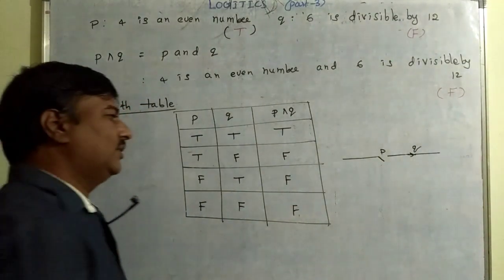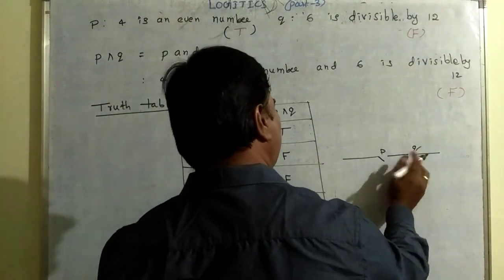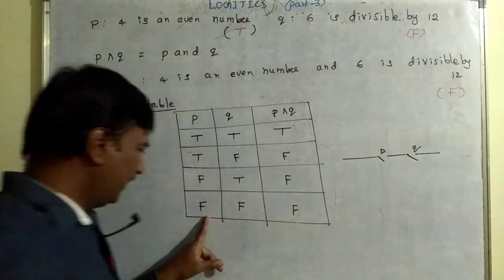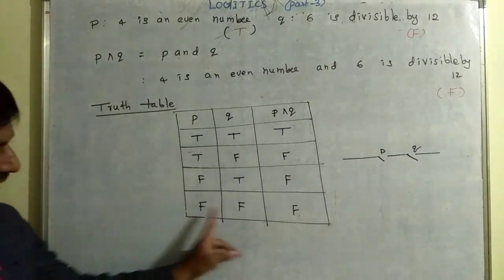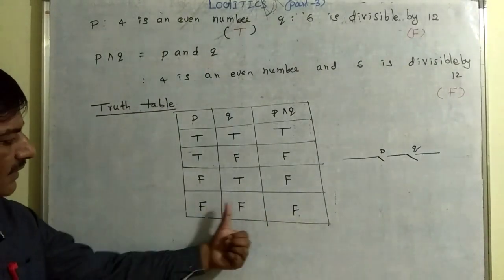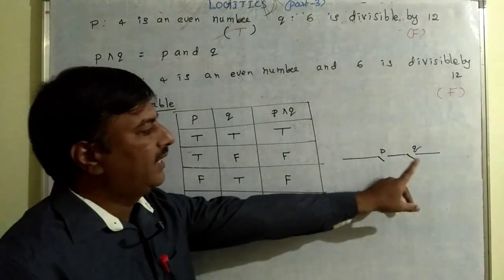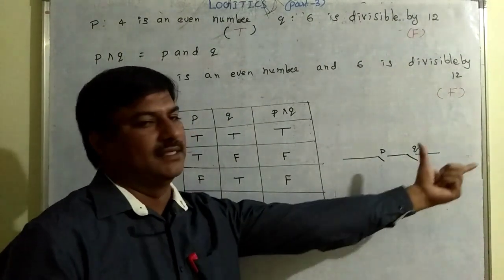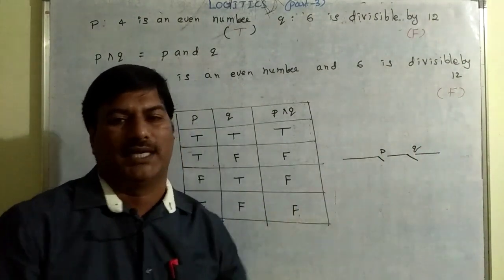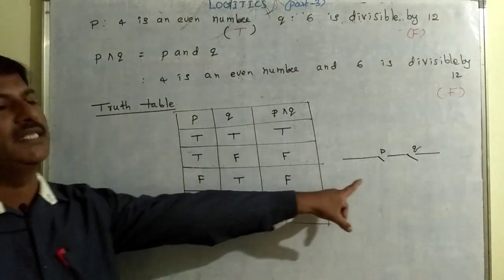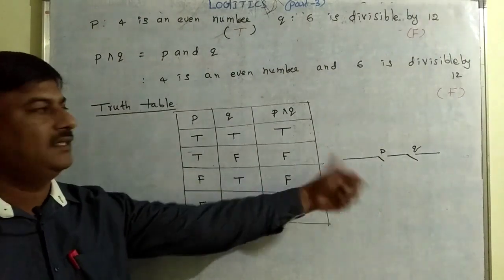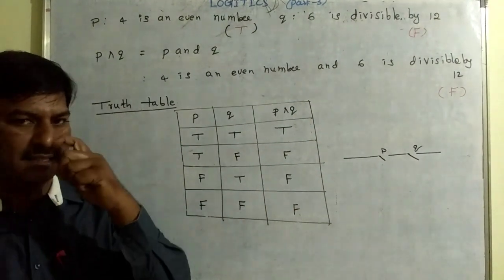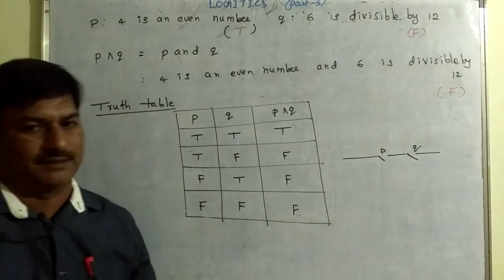Now the last case we'll see here: P false and Q false, meaning P open and Q open. That means the current doesn't pass from one end to the other end. This is the best example to decide the combined result, whether it is true or false, in the conjunction form.